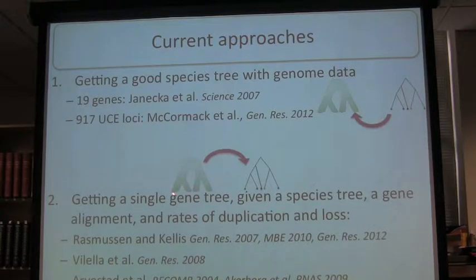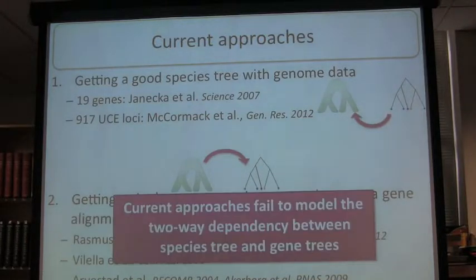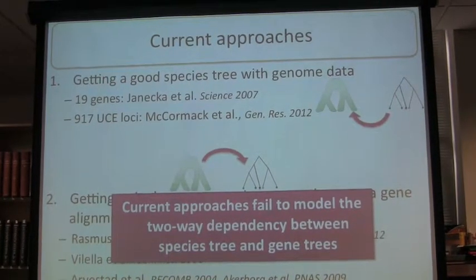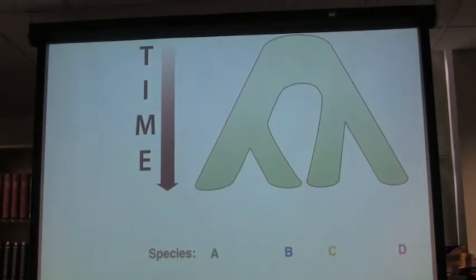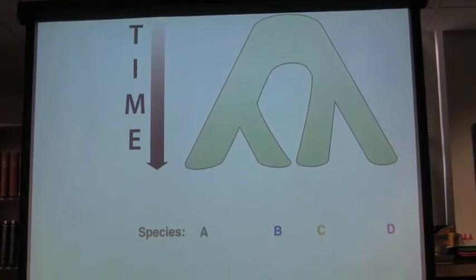Using the species tree that is known, you try to infer the best gene tree that you can come up with. So both these approaches tend to ignore the two-way dependency that exists between the species tree and the gene tree. So we wanted to come up with a method that would be able to jointly reconstruct the gene trees and the species tree according to this interdependency.